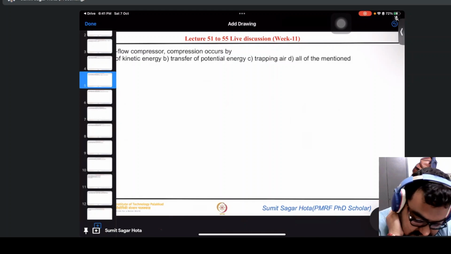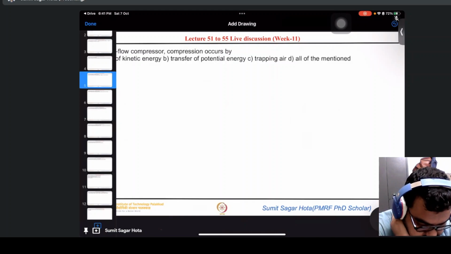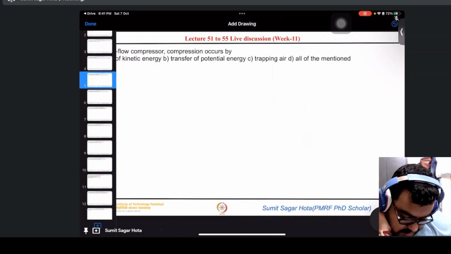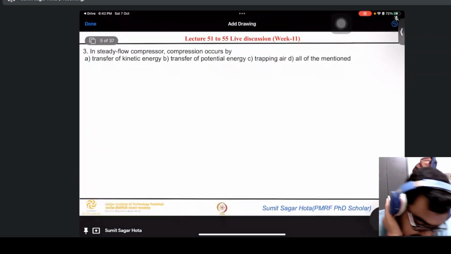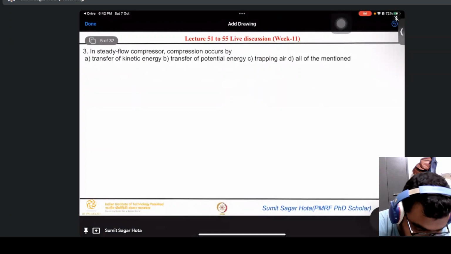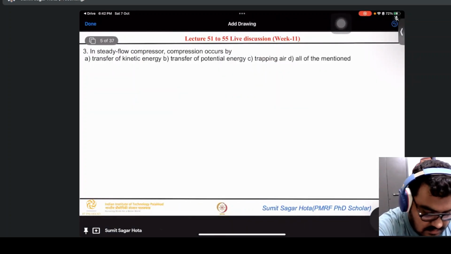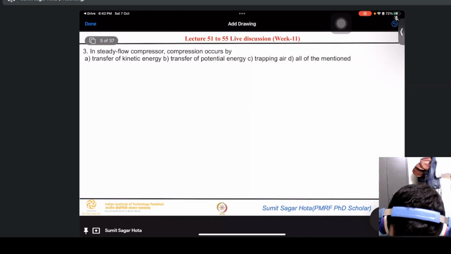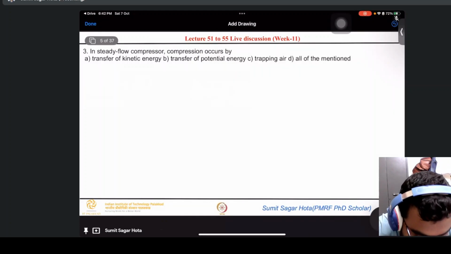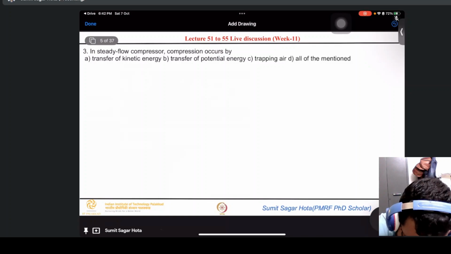If it is a steady flow compressor, how will this compression occur?